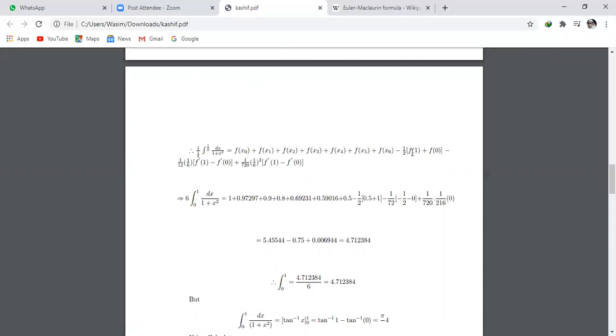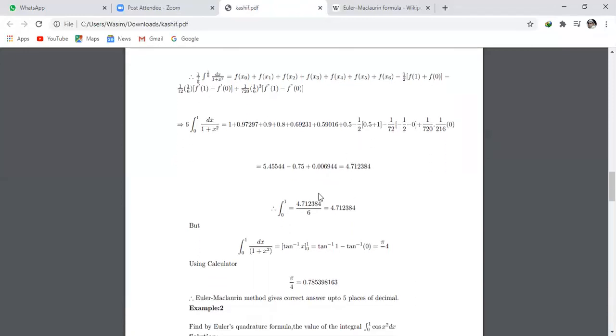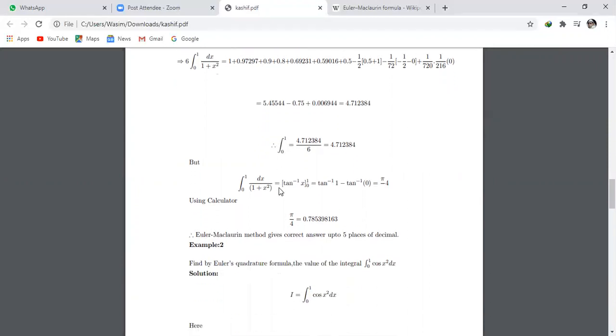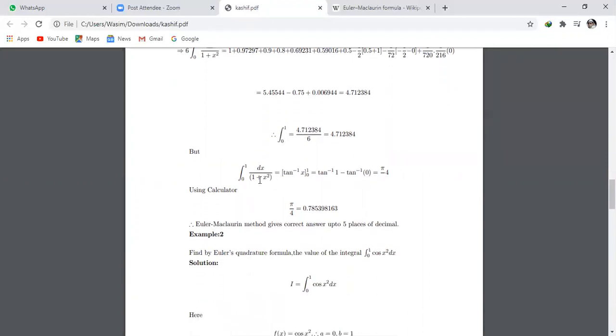The second term has no derivative, then minus the term with the first derivative, and here the third derivative, and so on, whatever we demand in the question. Then we put in these values and find the exact result up to however many decimals the question requires, here up to 5 decimal places.